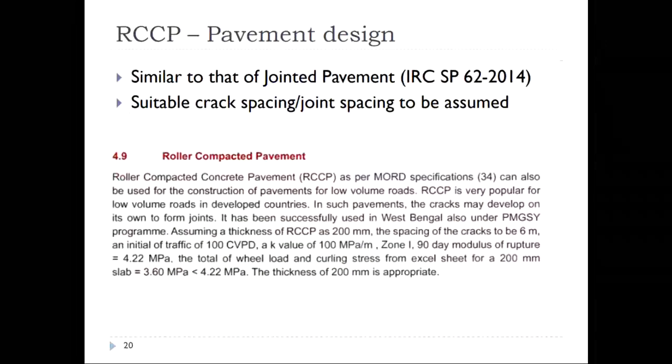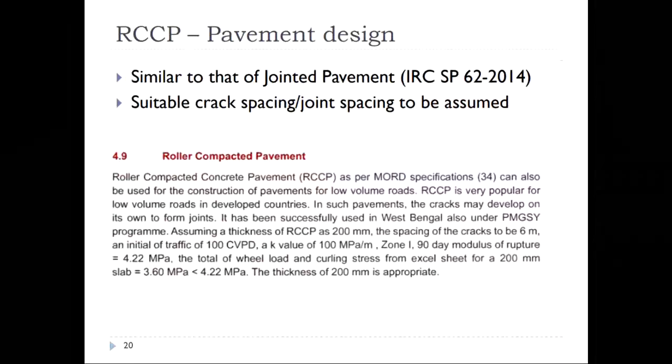Now let us come to the pavement design aspect. There are two pavement design aspects which I would be discussing in the case of a roller compacted concrete pavement. The first one is similar to a conventional jointed plain cement concrete pavement. This is the recommendation given in IRC SP 62, 2014, section 4.9.